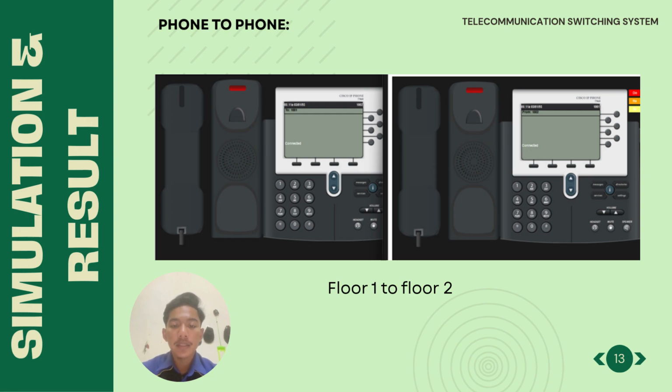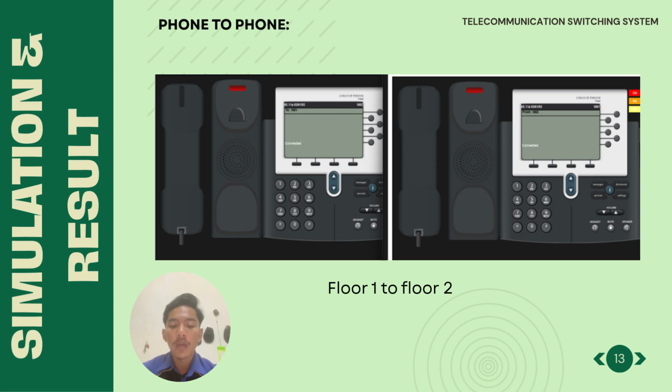Alright, next is the simulation result for the VoIP system. This simulation demonstrates a successful phone-to-phone call between the IP phone on floor 1 and the IP phone on floor 2.